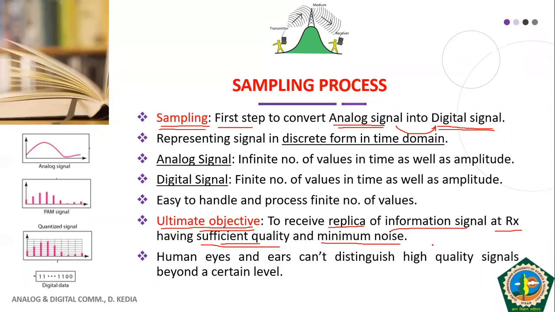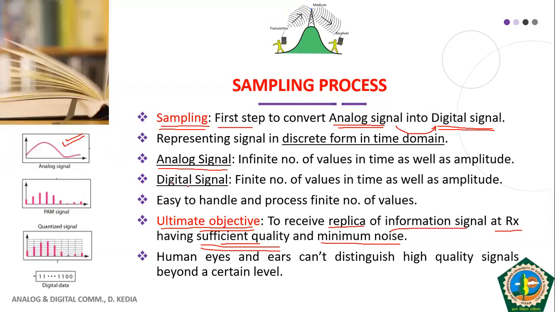So if we cannot distinguish the quality, what is the need of investing our energy into the improvement of the quality? So that's why we always try to have sufficient quality, not the absolutely best quality. The quality that we can notice, that we can appreciate, we only work up to that level, because we do not need to invest unreasonably in order to improve quality beyond a certain level. So if I talk about an analog signal, we know that our analog signal is represented like this.